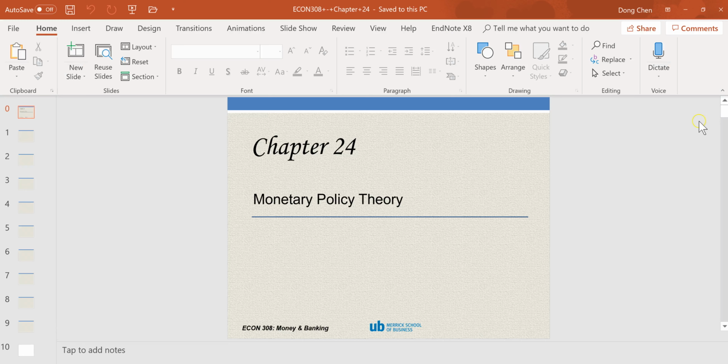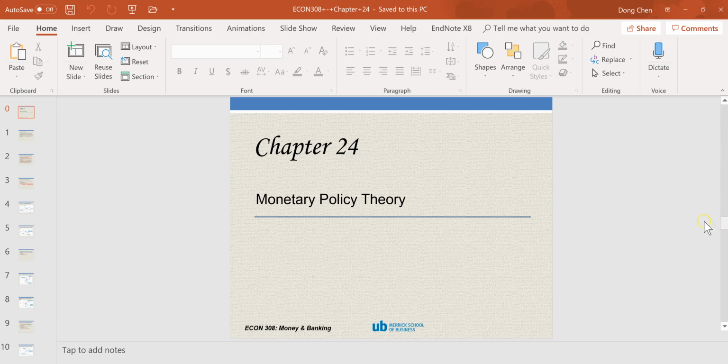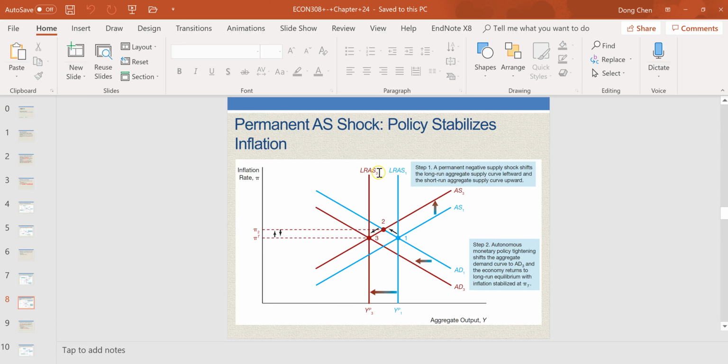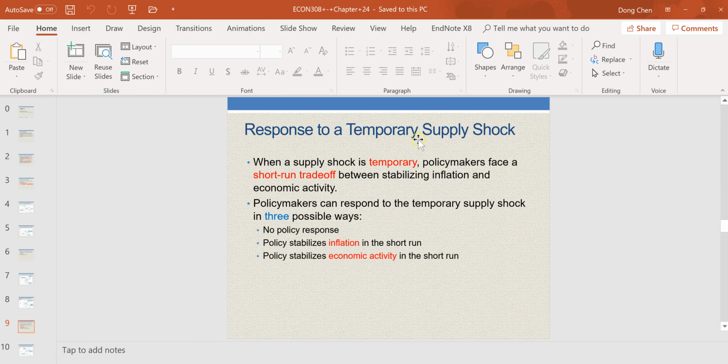So we can go to the case of a temporary supply shock. There are three possible ways that the central bank can respond to this type of shock. The first one is no policy response, and the second one is that it can stabilize inflation, but not economic activity, as we just mentioned.